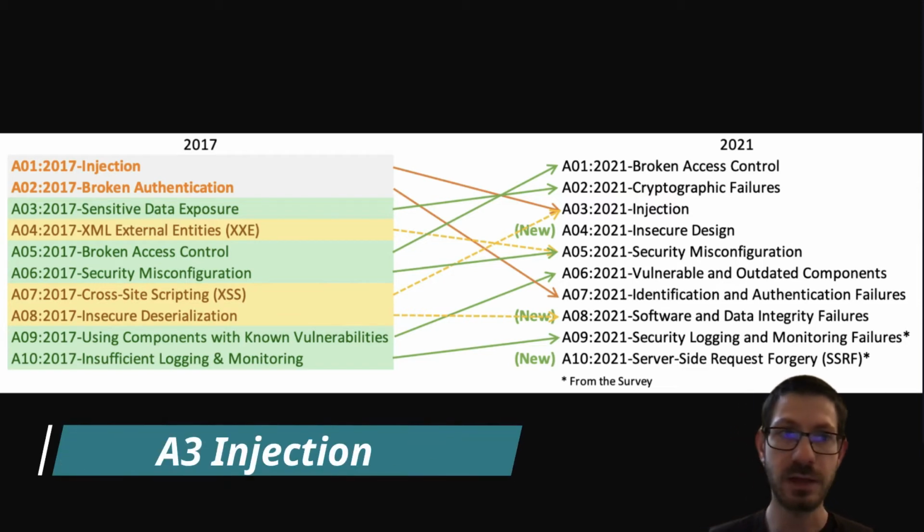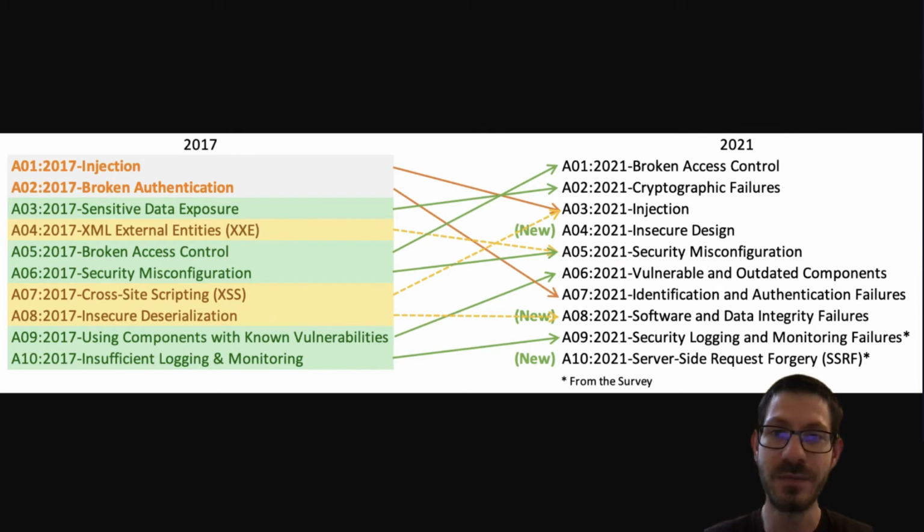Then we have injection and cross-site scripting that have been merged into injection. I really loved the separation because cross-site scripting is basically client-side injection, whereas injections represented the server-side injections, and there are different ways to protect the app against those two classes of vulnerabilities.